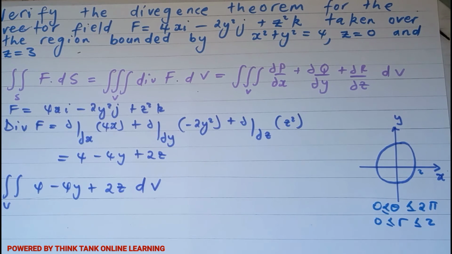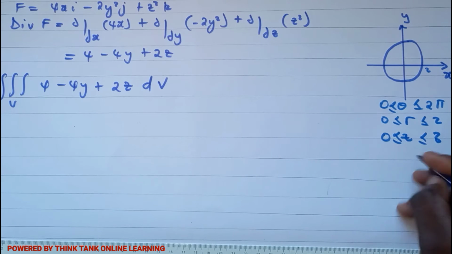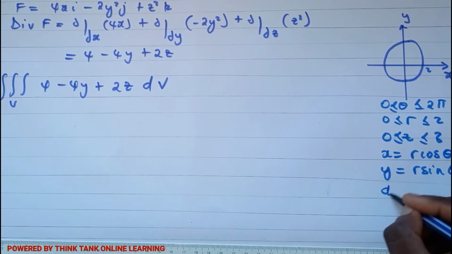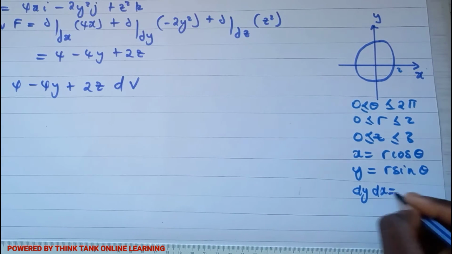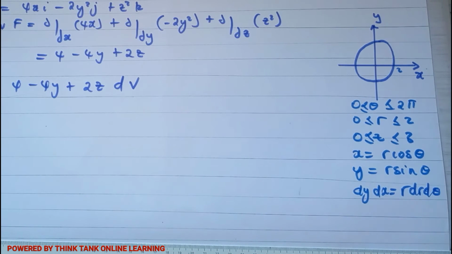The z coordinate doesn't change in cylindrical coordinates, so the lower bound of z is 0 and the upper bound is 3. Then instead of x we write r cos theta, and instead of y we write r sin theta. We replace dy dx with r dr dθ.